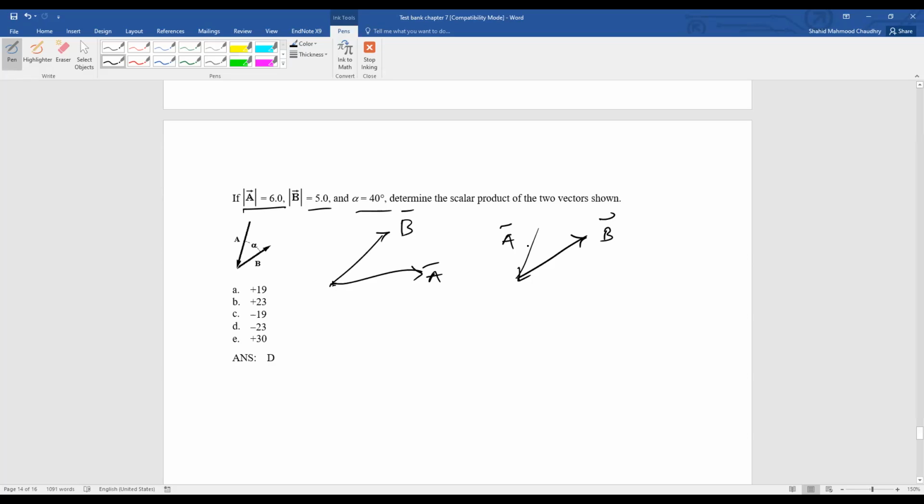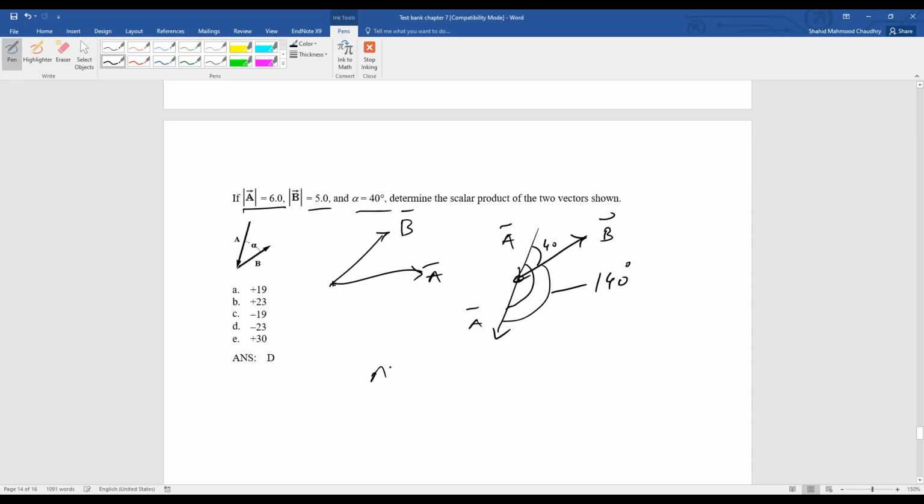So you extend this line further like this. Its tail will be here and head will be here. This angle is given as 40 degrees and this angle is 180, so this angle will be 180 minus 40, which is 140 degrees. So the angle between A and B is 140.